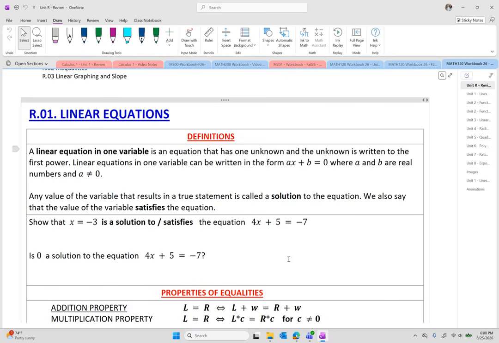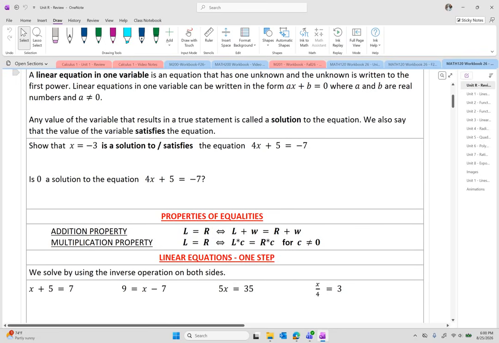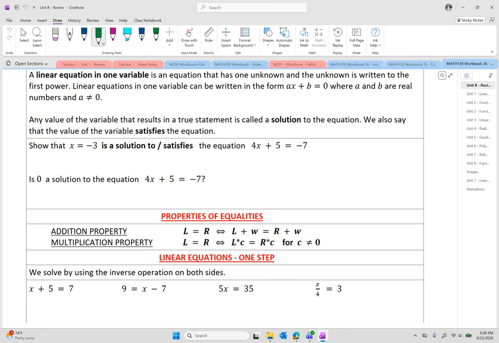Any value of the variable that results in a true statement is called a solution, or we also say that this value satisfies the equation. So x equal to -12 satisfies the equation x plus 5 equal -7, because if I plug in x equal to -12 on the left, I will get -12 plus 5, and that will be -7, so the equation is true.